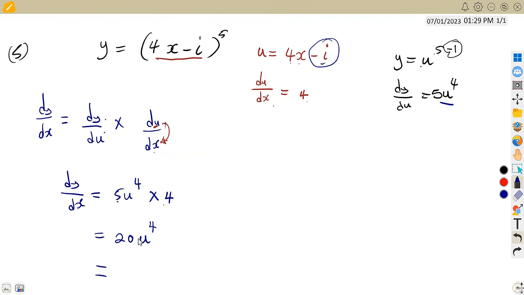We need it to be in terms of x, and our u in terms of x is 4x minus 1. So we are going to have 20 times (4x minus 1) to the exponent of 4, like this, which is u to the exponent of 4. So that's everything to the exponent of 4. So this is how we can answer this type of question.